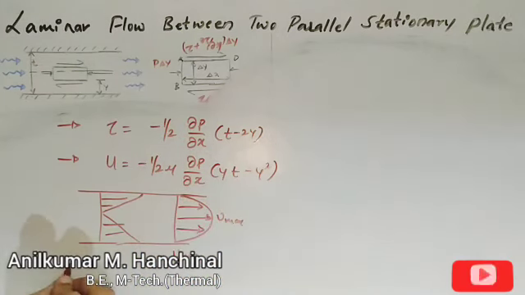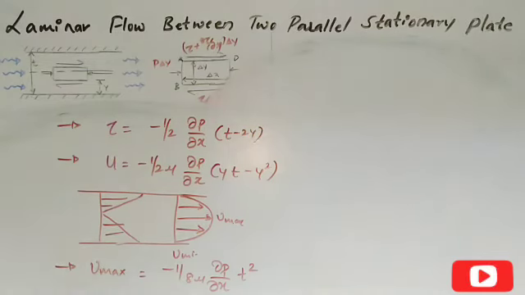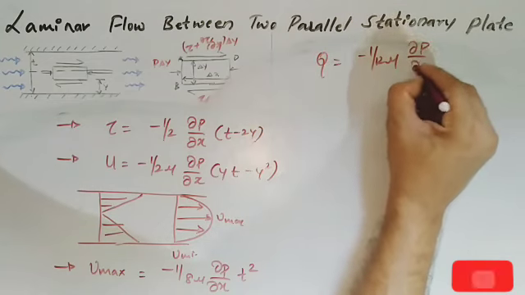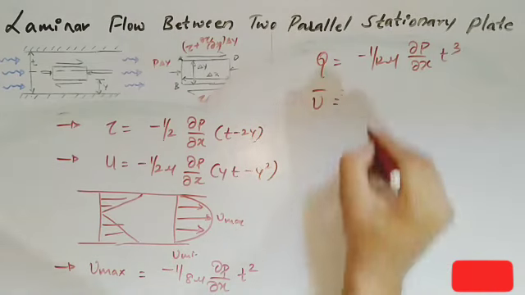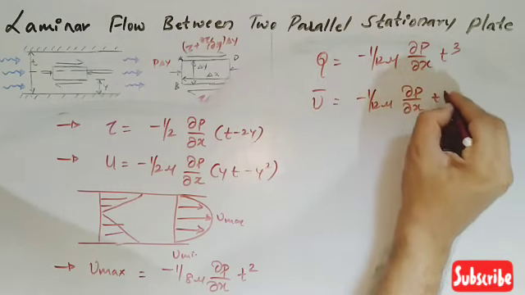Now we have calculated the maximum velocity, u max, which equals 8 mu dou p by dou x t square. Then we calculated the discharge, that is q equals minus 1 by 12 mu dou p by dou x t cube. Then the average velocity, minus 12 mu dou p by dou x t square.